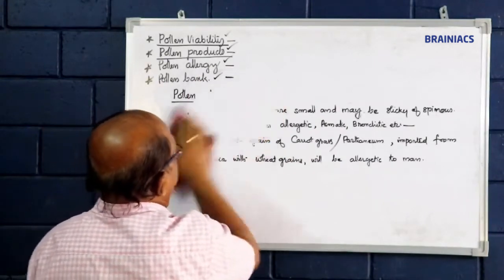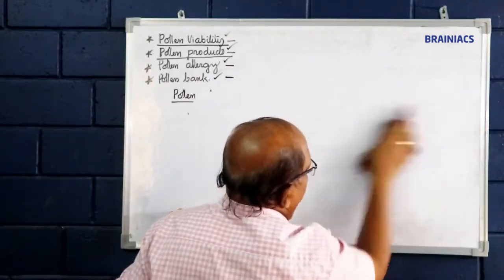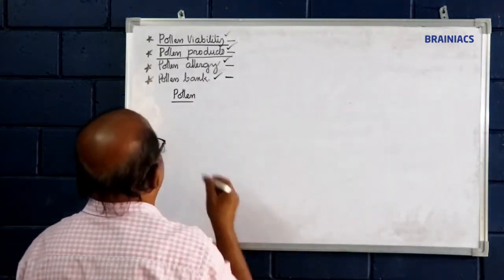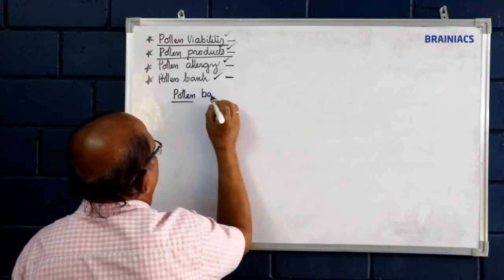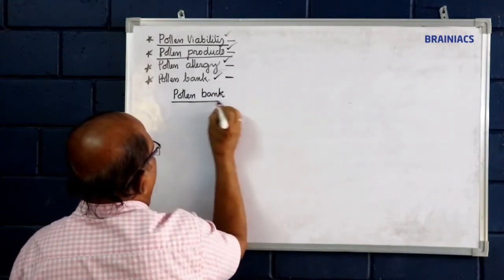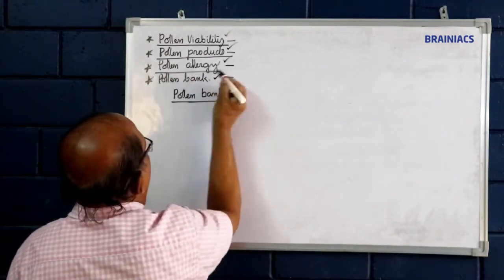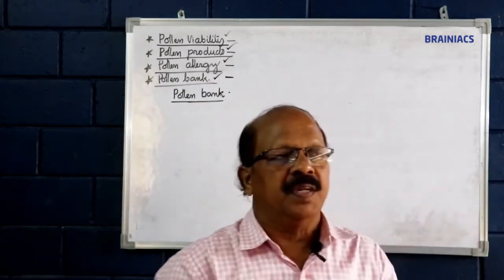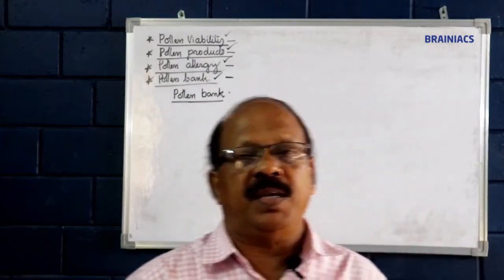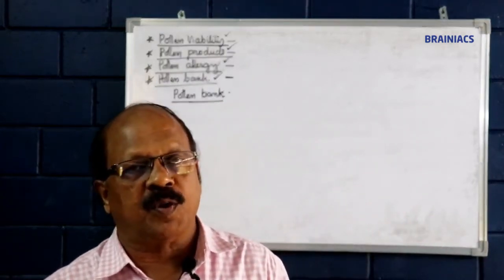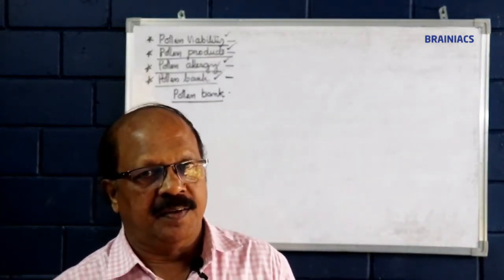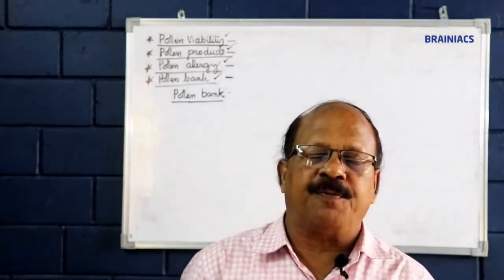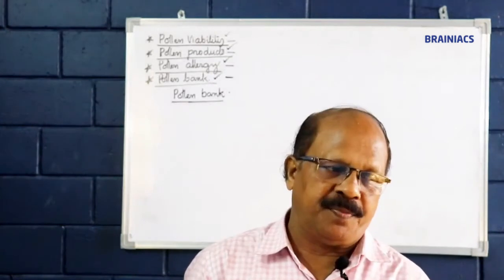Then pollen bank. So you know, pollen grains are actually used for cross-pollination, which is a part of the crop improvement program.